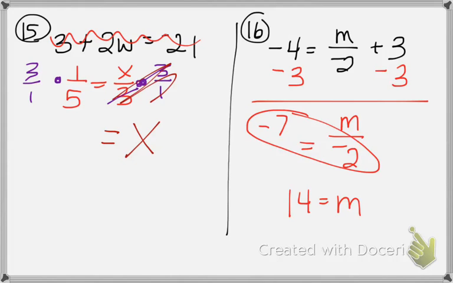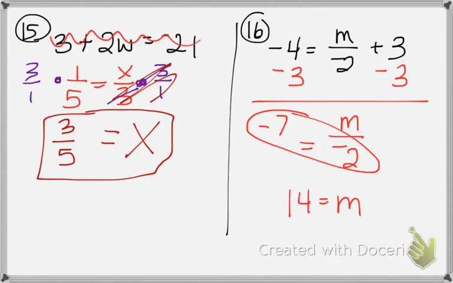And now 3 over 1 times 1 over 5, there is no bikini. And so your answer is going to be x equals 3/5. And I think this was the correct number 14. I had to open it on my iPad using my Google Drive, so it's kind of hard to read the Word document, but I think that's what it said.